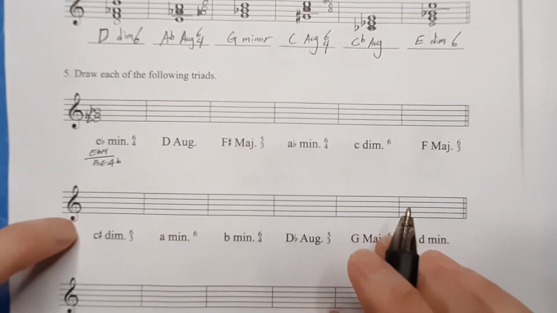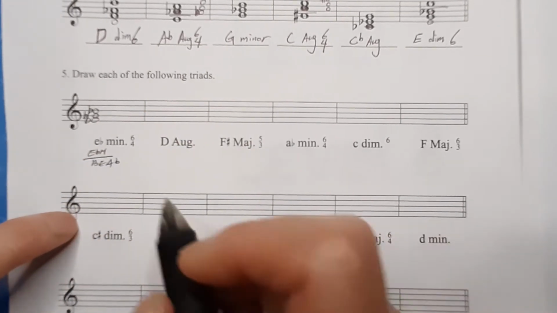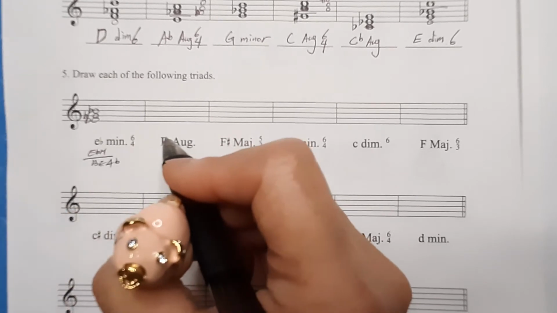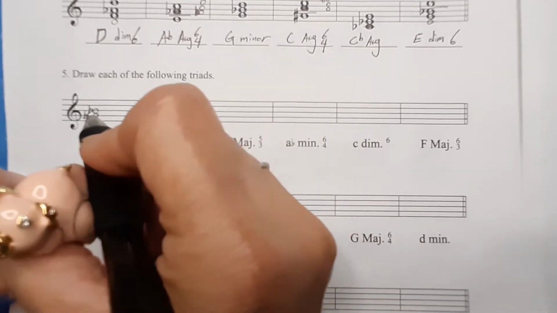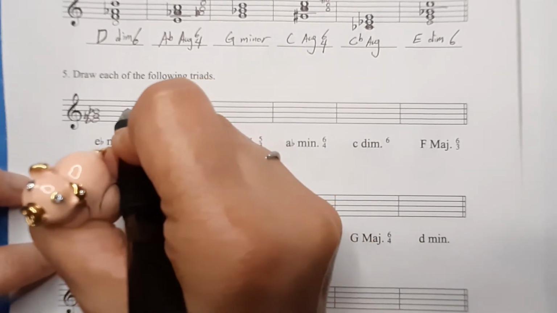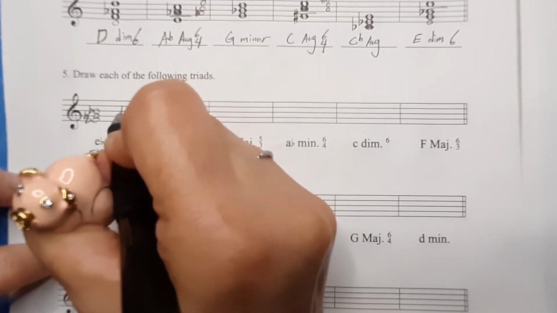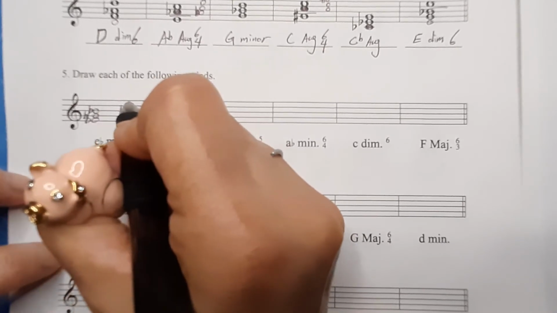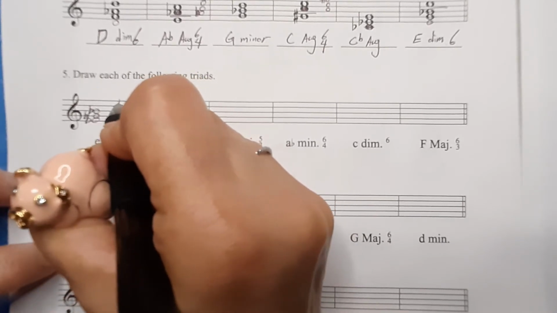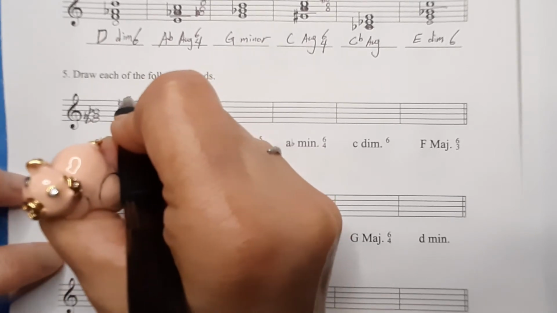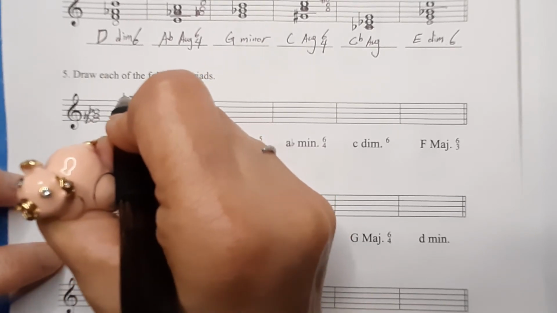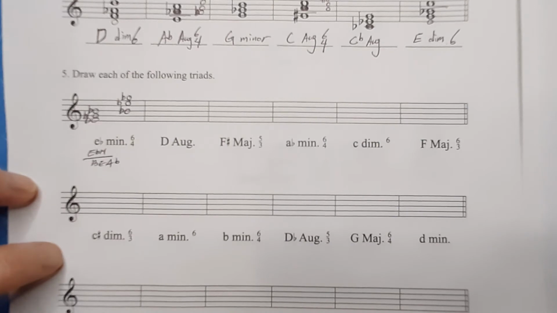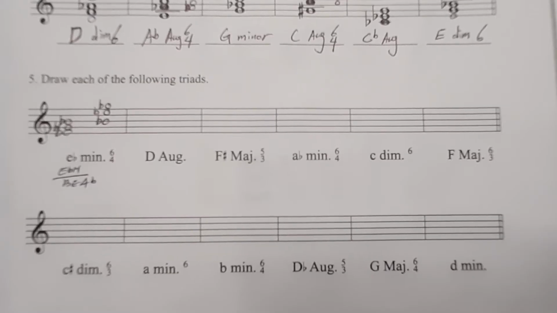Now can you switch that to the second inversion, 6-4. Then which note is going to be on the bottom? The top note, which is B flat. So B flat is going to be on the bottom. And we have an E flat. And we have G flat. Like this. Got it?